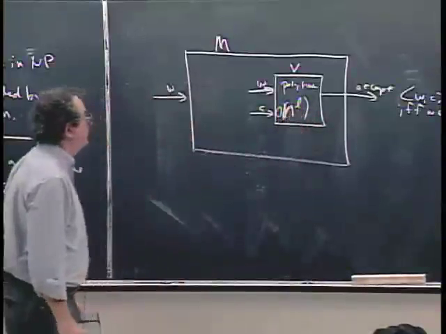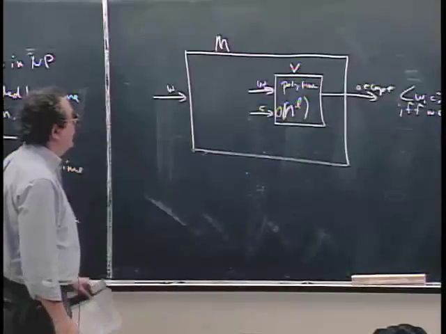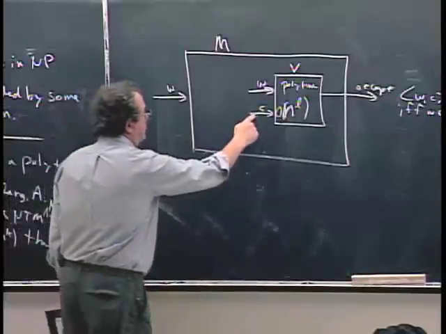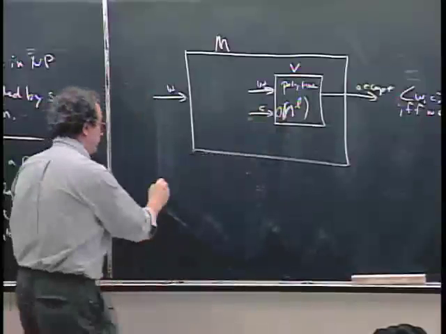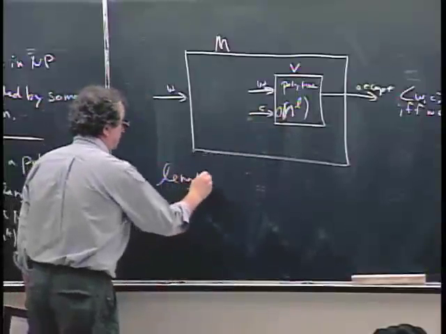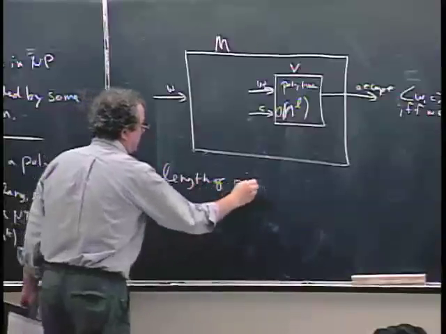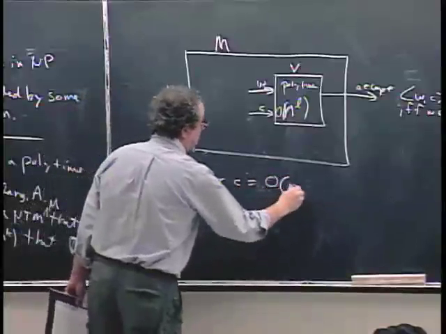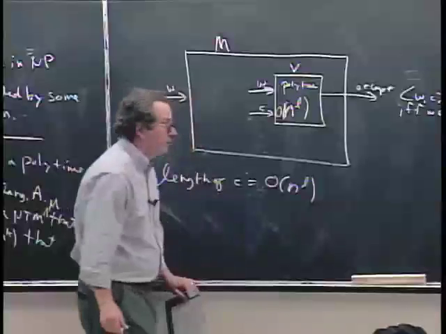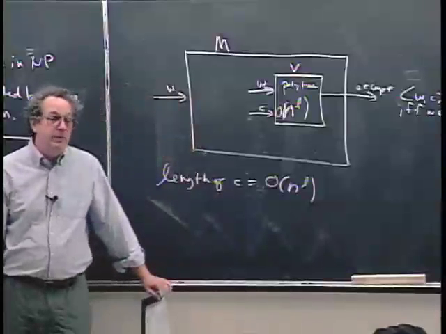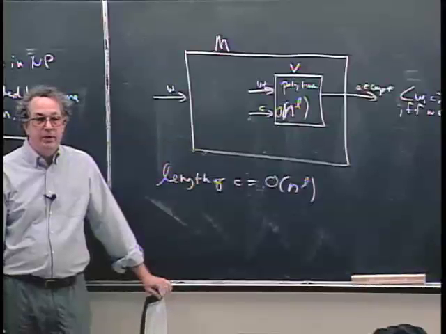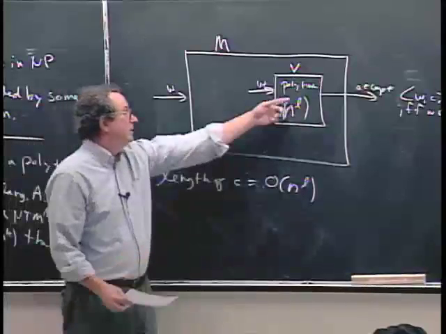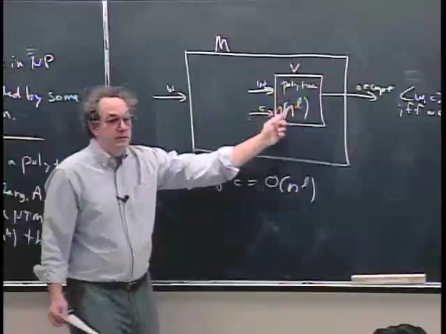Okay? All right, well, I mentioned before that the length of C is also, it better be bounded by N to the L too, or it can be. There's no loss in assuming that it's bounded by that, because the verifier only has N to the L time.